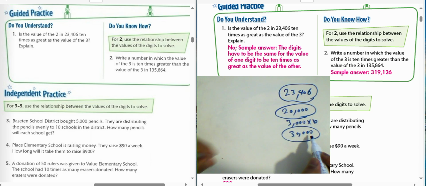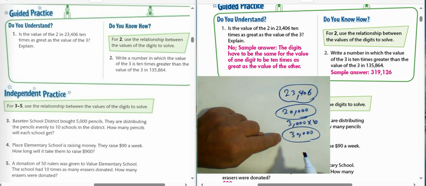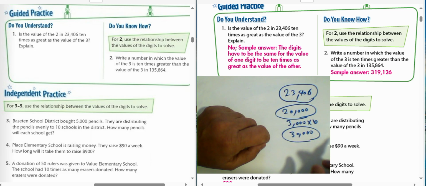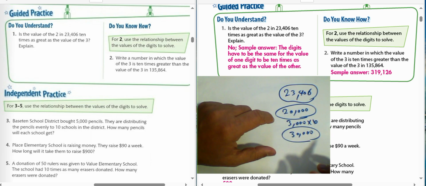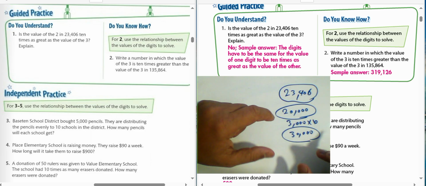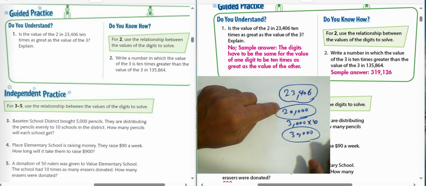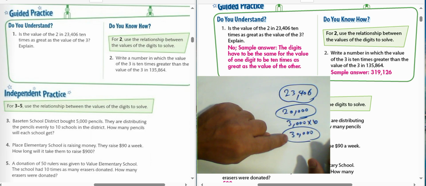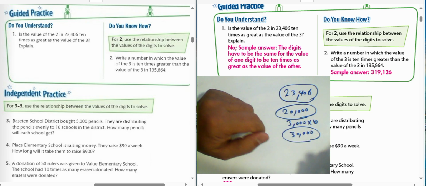Is 20,000 greater than 30,000? No. Okay, the simple answer here: we must raise the digits to the same number to have equality. He asked whether the value of digit 2 here equals the value of digit 3 here. The answer is no, because we have different digits.